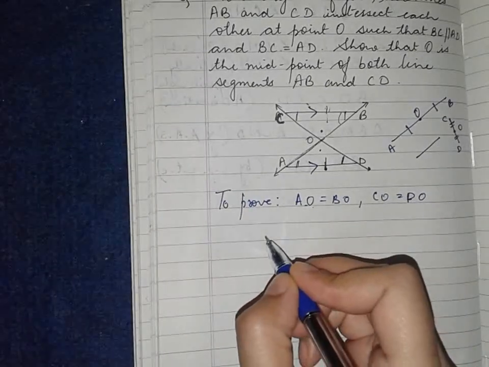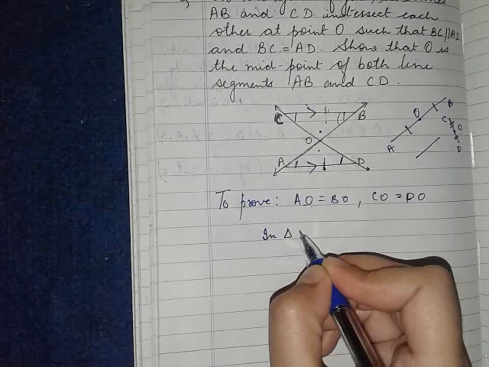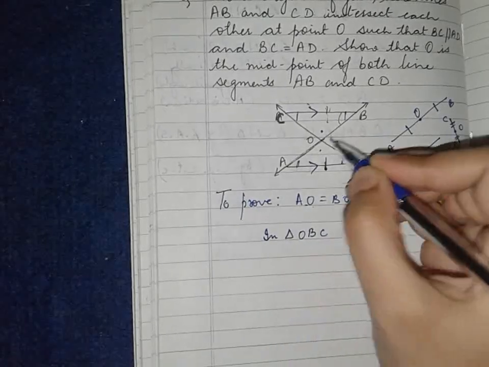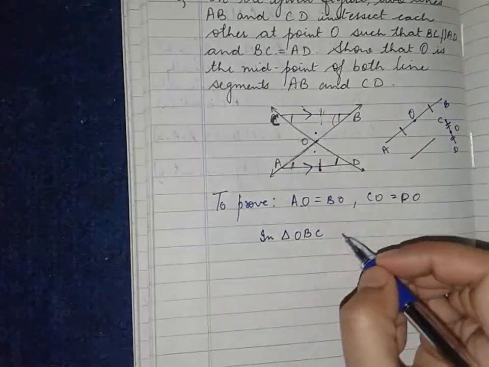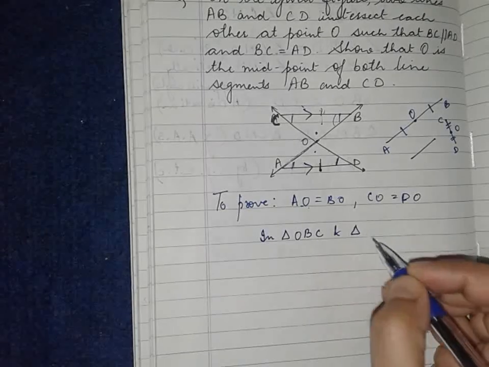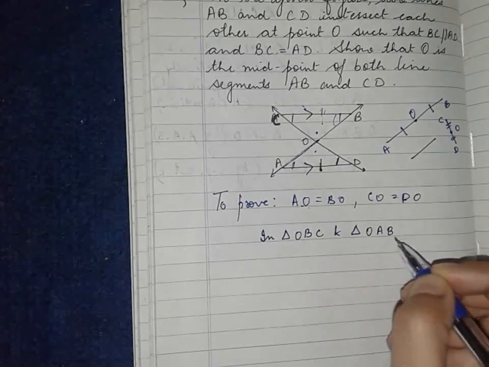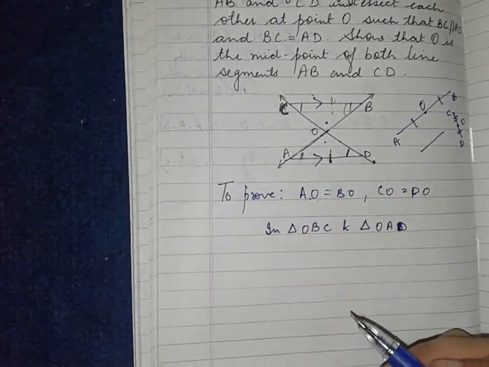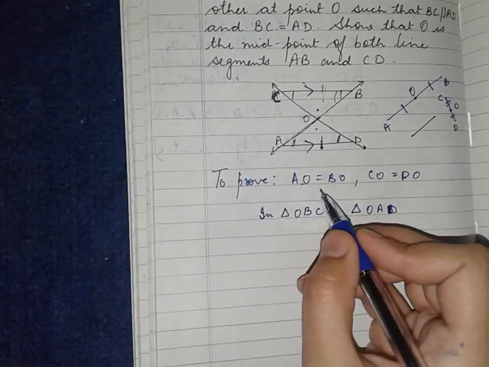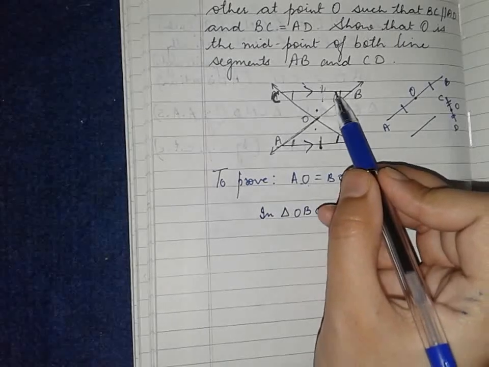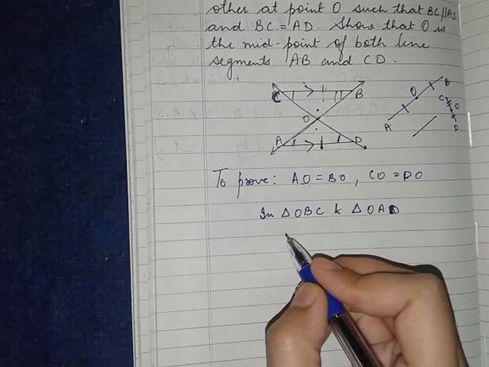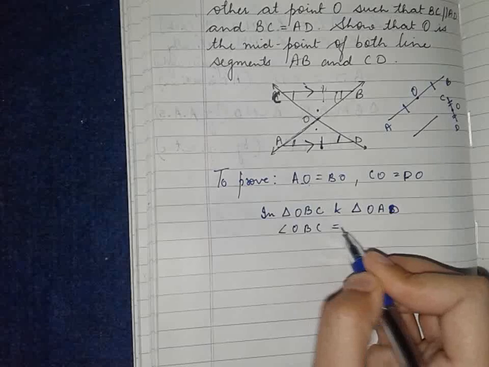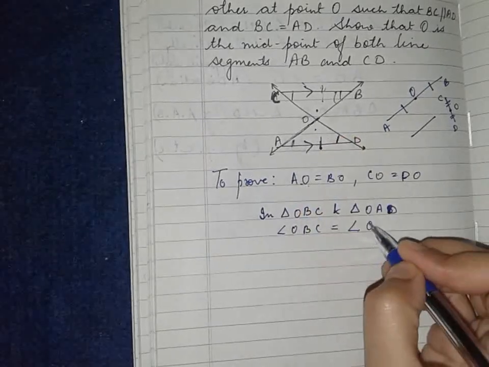We'll consider two angles and one side, and then we'll prove the triangles congruent. So first name the triangles. In triangle OBC and triangle OAD, what is equal? This angle OBC is equal to angle OAD.